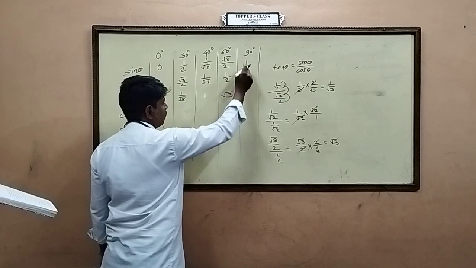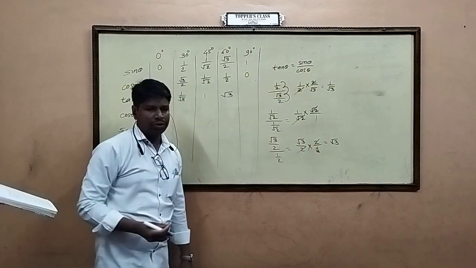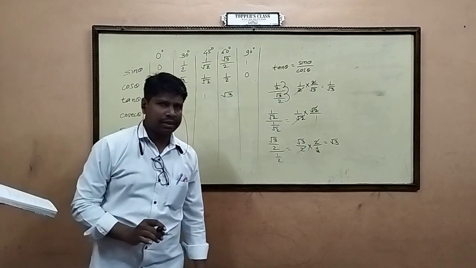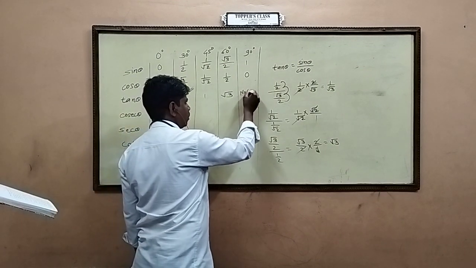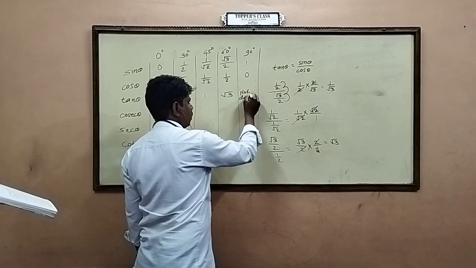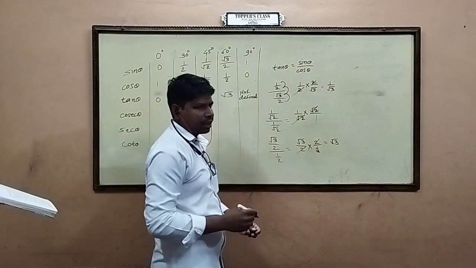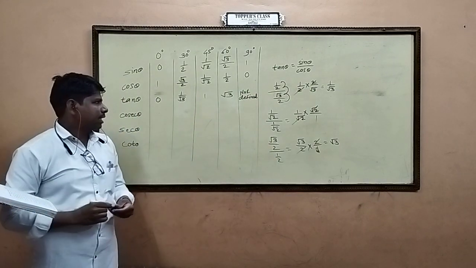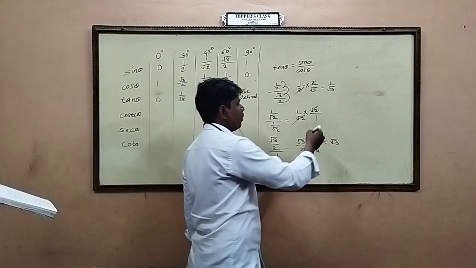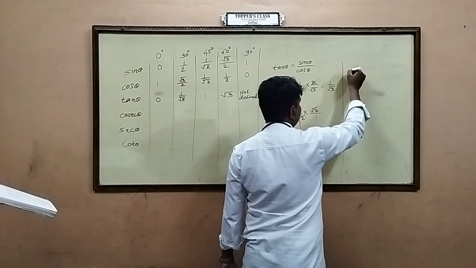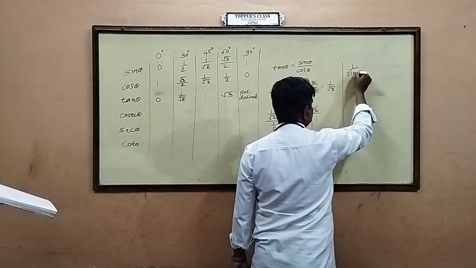Now, one thing always remember: 1 upon 0 is not defined. So here we can write not defined. After this, you remember it like this. Then we will take the next value, cosec theta. What is cosec theta? We have learned cosec theta is equal to 1 upon sin theta.